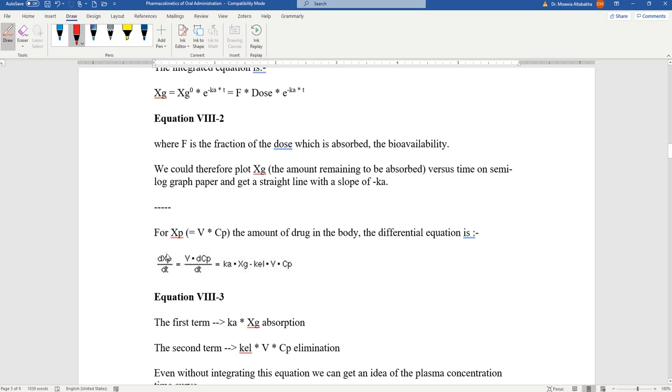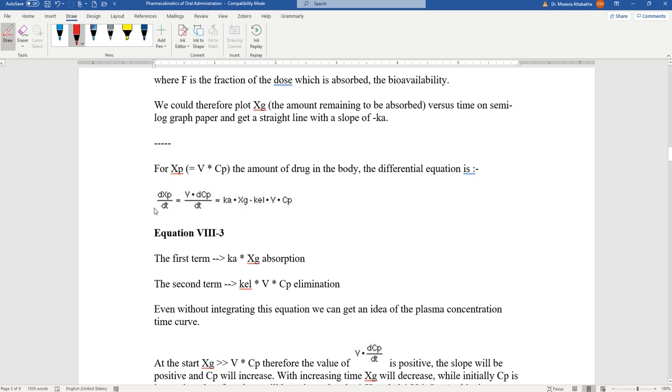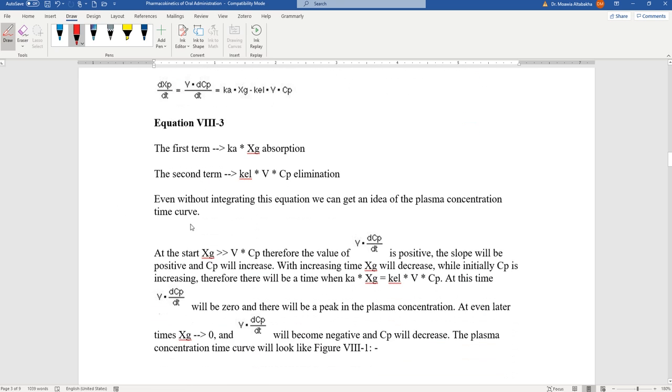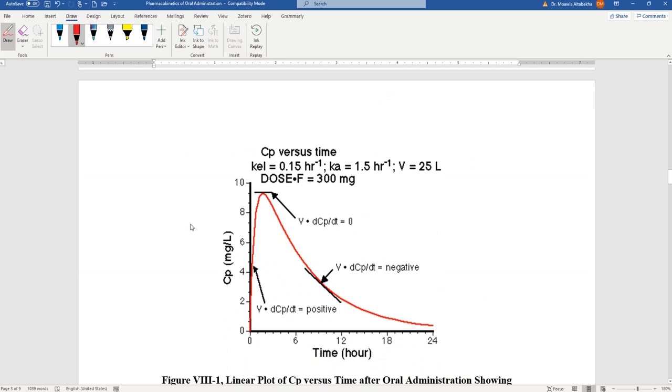Then we talked about how the change in the amount of the drug in the body happens, which is V dCp/dt, equal to input minus output. With this equation we were able to see what happens.